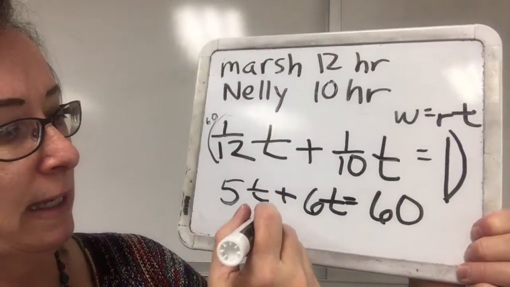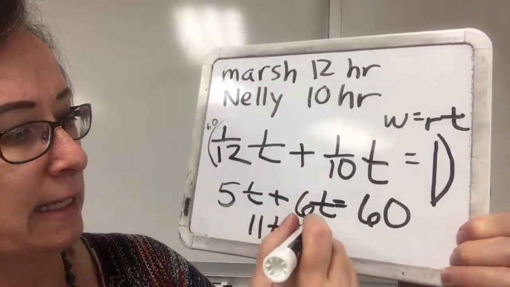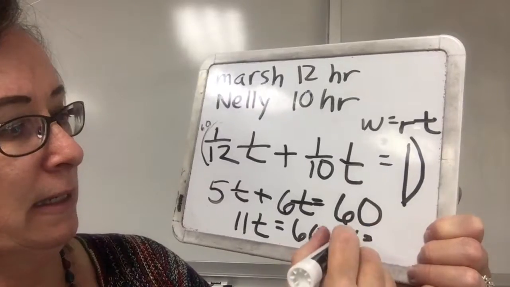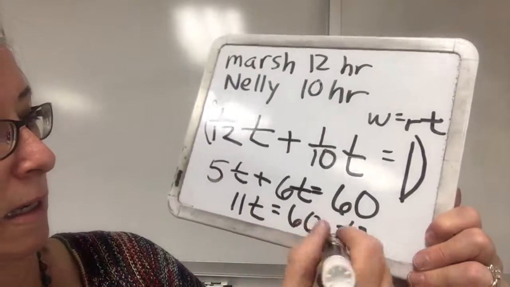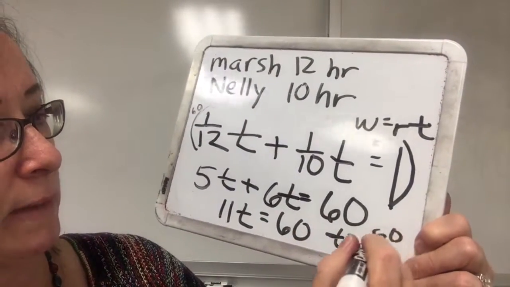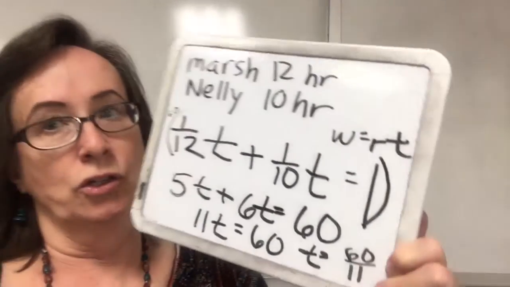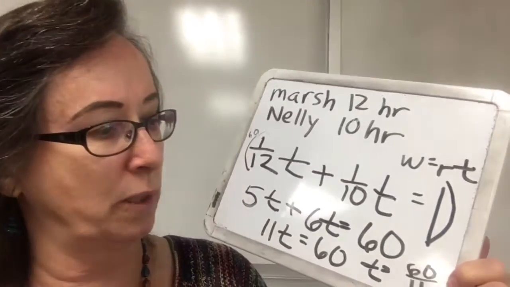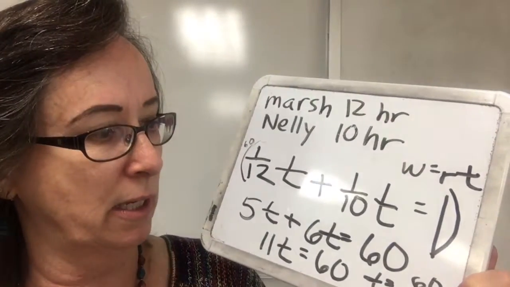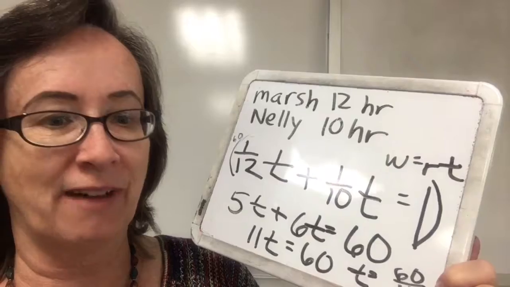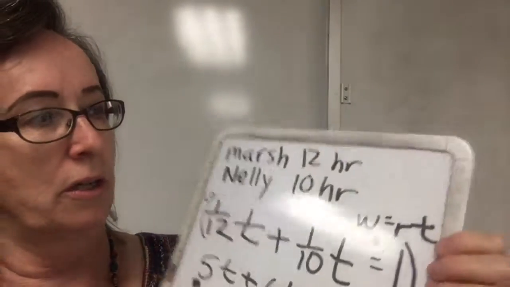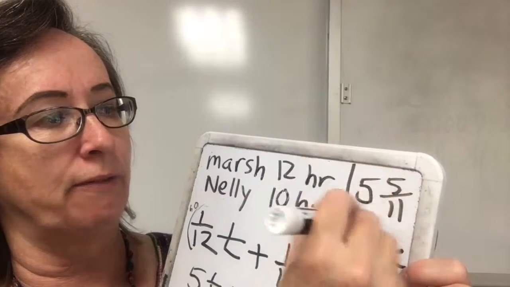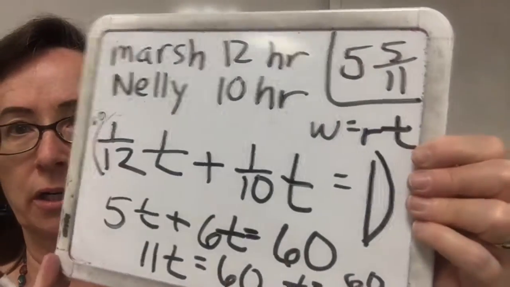So we have 11t is 60, and t is 60 over 11. So that would be 5 hours would be 55 over 11. So that's going to be 5 and 5/11 hours. So 5 and 5/11 hours if they do the work together.